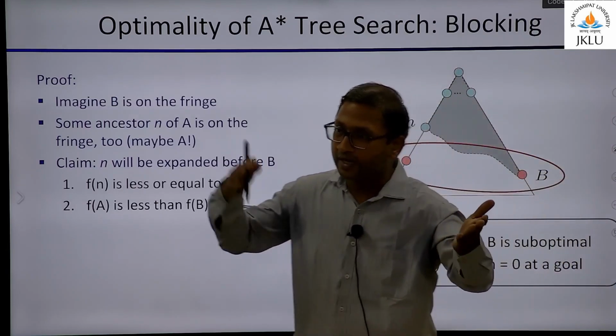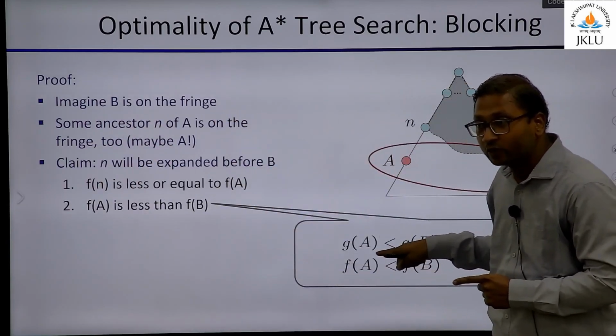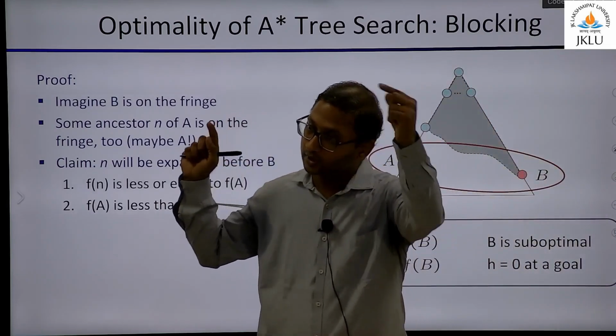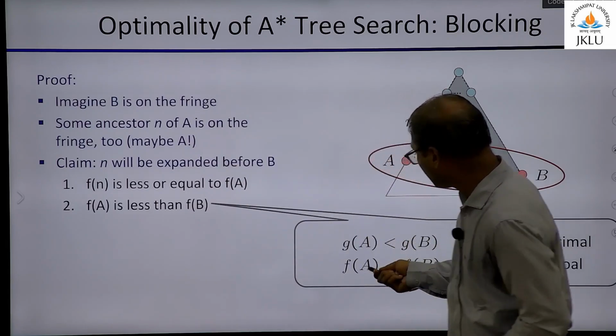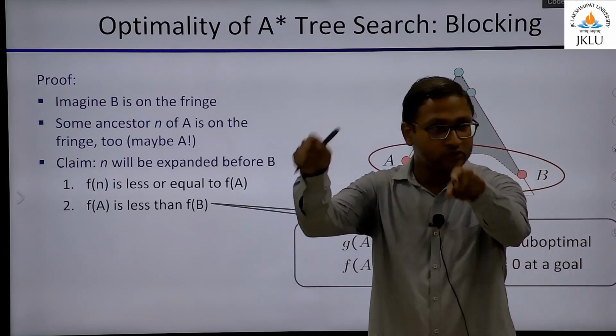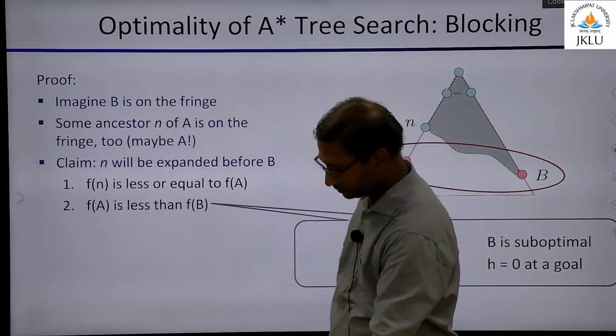Because A is optimal and B is suboptimal. It is given. So that's why you don't have even equal to here, because it is provided to you that B is actually suboptimal to A. And then how do I reach from this to Fa is less than Fb? Because both are goal states. So H is 0 for both of them.